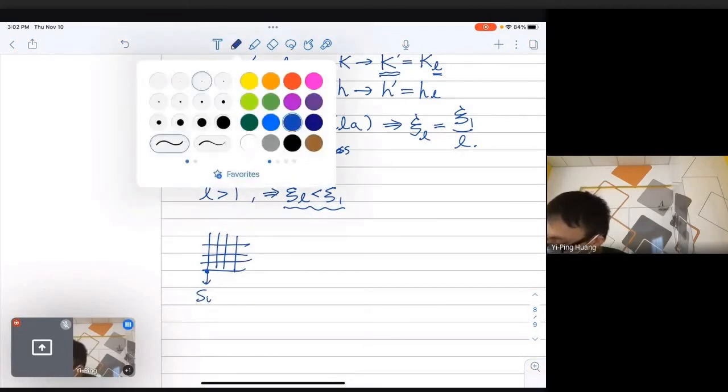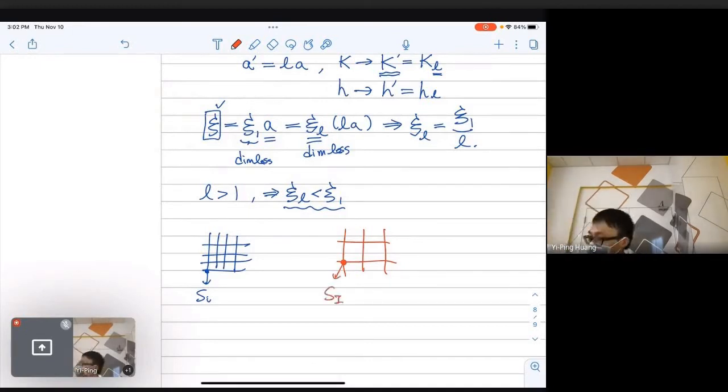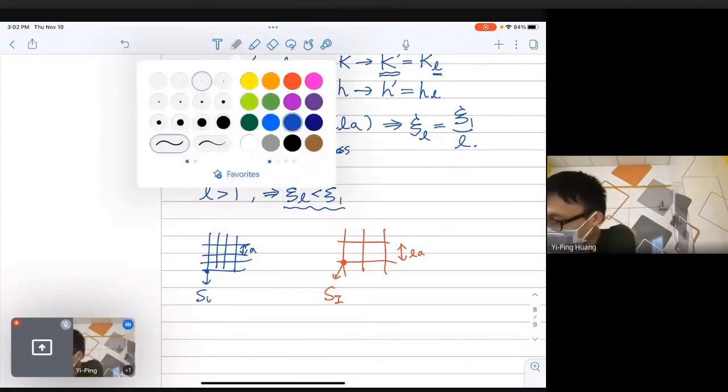The other model still looks like the lattice model, but now the degrees of freedom we call S capital I, and they live on a different lattice with a different length scale: one with lattice spacing A, and the other with lattice spacing LA.